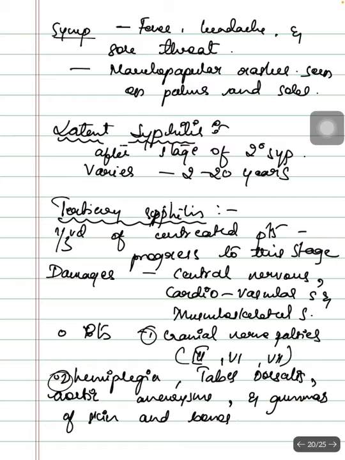Tertiary syphilis is characterized by gummas, which present on the skin and bones. A gummatous ulcer is a deep punched-out ulcer with rolled out margins.